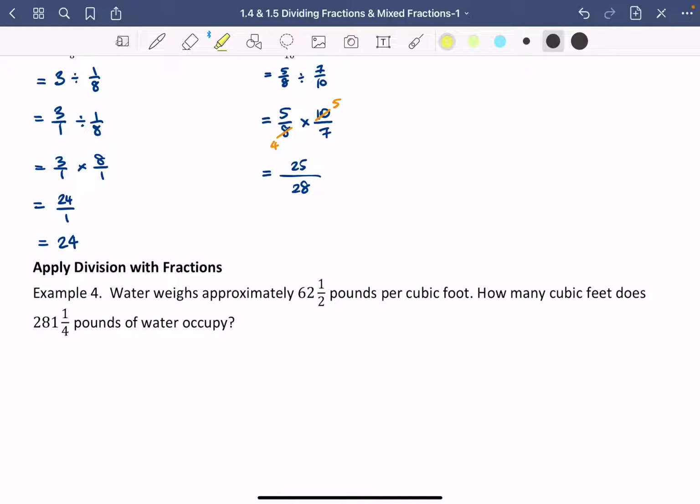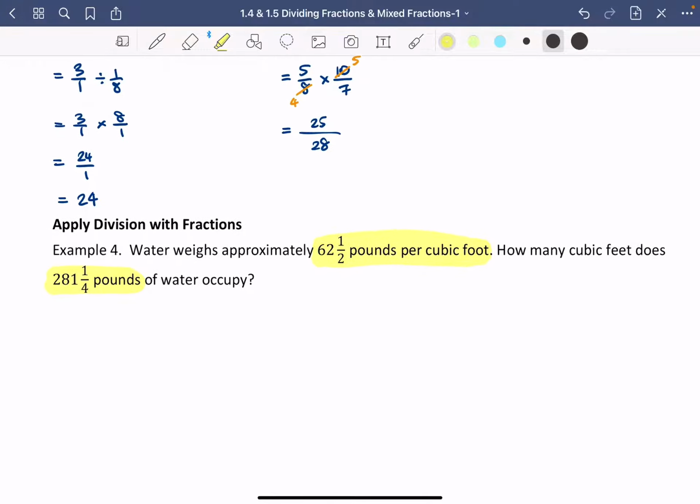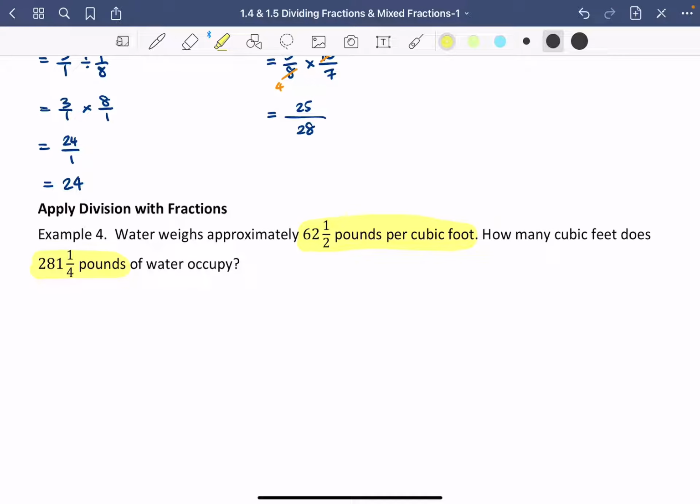So we know in total we have that much water. And we know each cubic foot has about 62.5 pounds of water. So the question is, how many cubic feet are there for a total of 281.25 pounds of water?